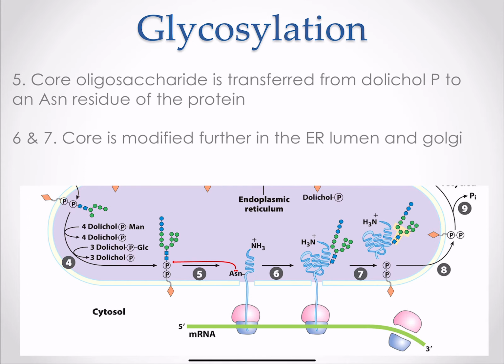So in this, you're going to have the core of the protein, and the oligosaccharide is going to be transferred from that dolichol phosphate to the asparagine residue of the protein. So all of those sugars that dolichol phosphate was building up will be transferred to that residue. And so now you have these sugars, glycosylation of the actual protein.